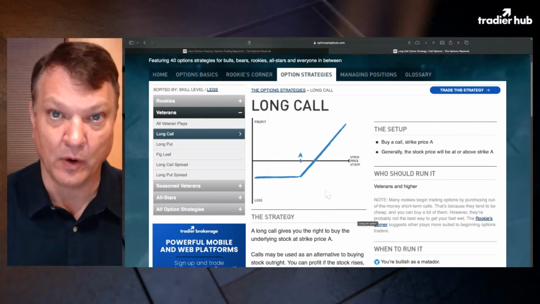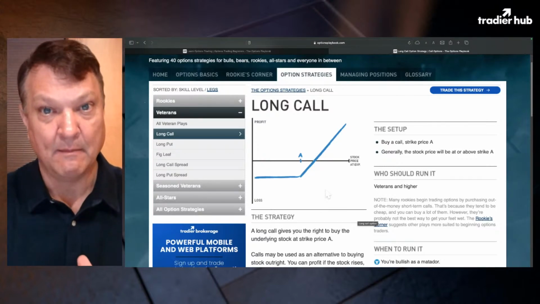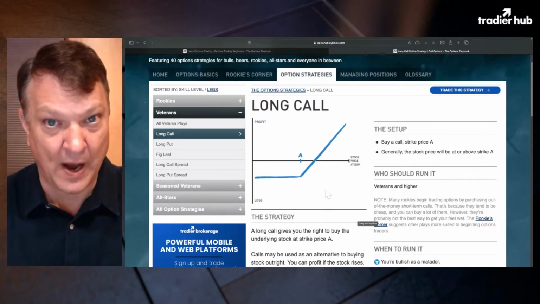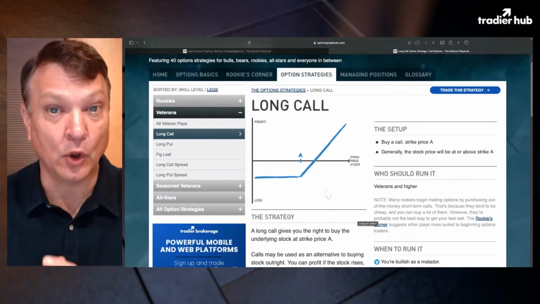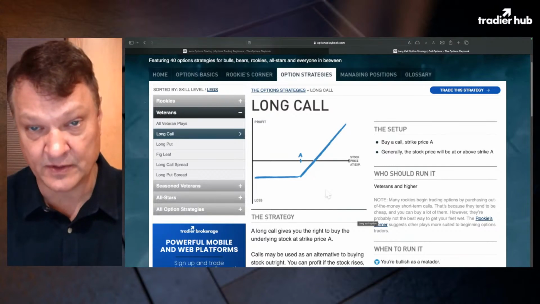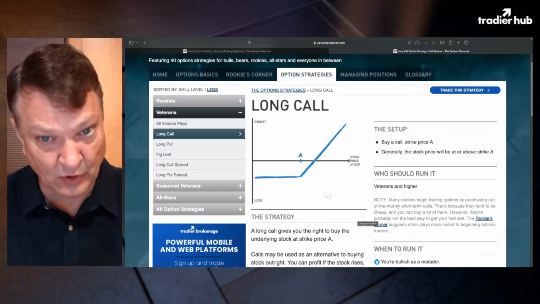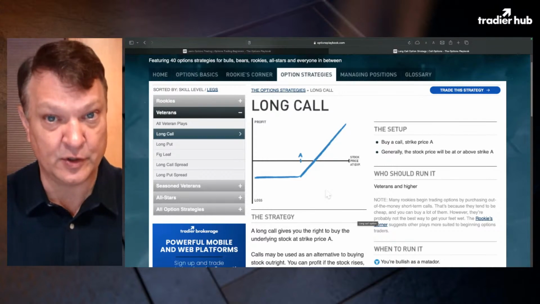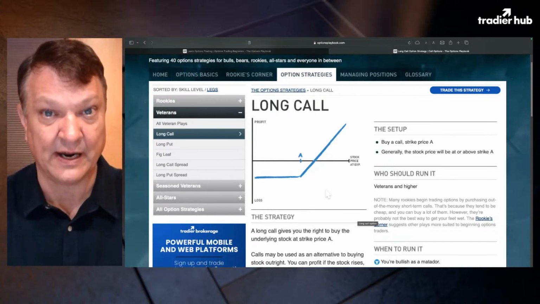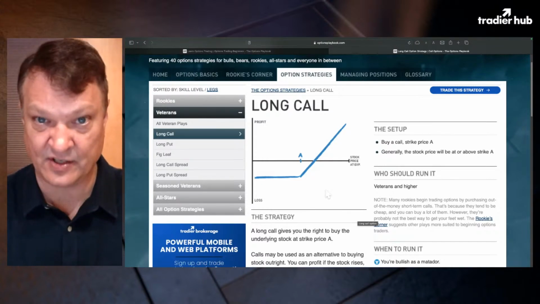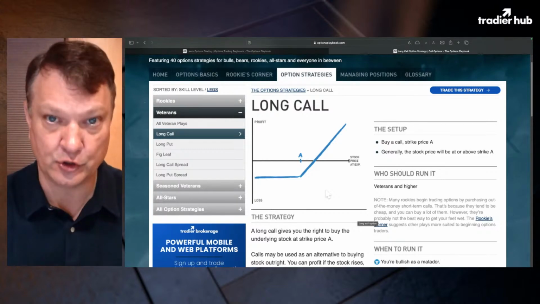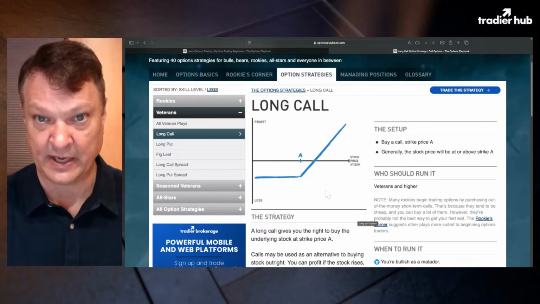So I enter an order to buy my call option, and once I have bought it, it becomes long in my account. On the short side, I enter an order to sell an options contract, and once that order is executed and goes into my portfolio, I am then considered short that option contract in my account.